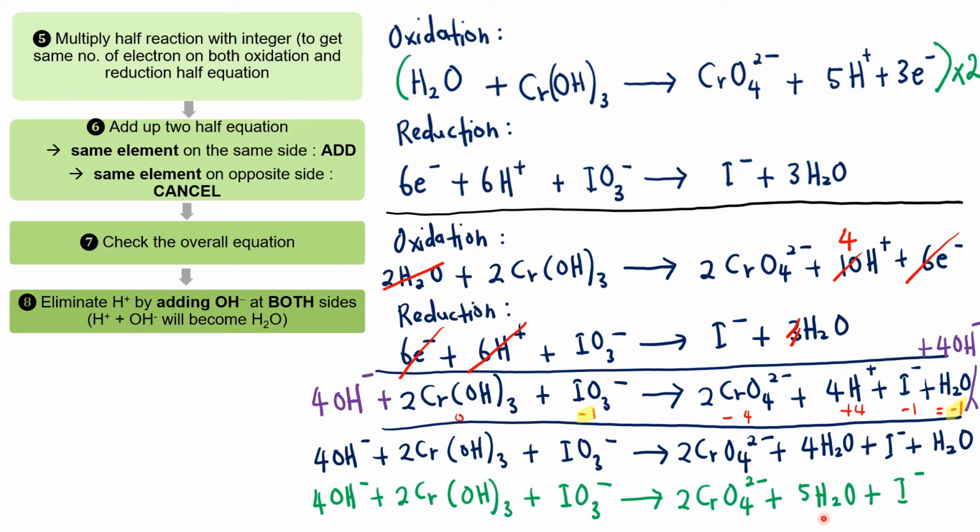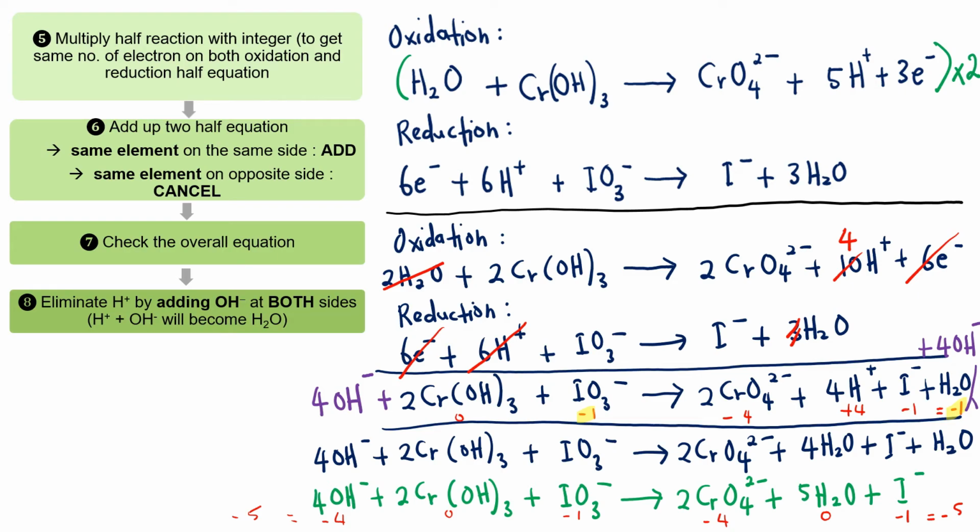Okay, so for the atoms, we have successfully balanced all the atoms sebelah kiri and kanan. And for the charge, we have -4 here. This one is 0. This is -1. So total di sebelah kiri adalah -5. Dan di sebelah kanan kita ada -4, this is 0, and -1. So total here is also -5.